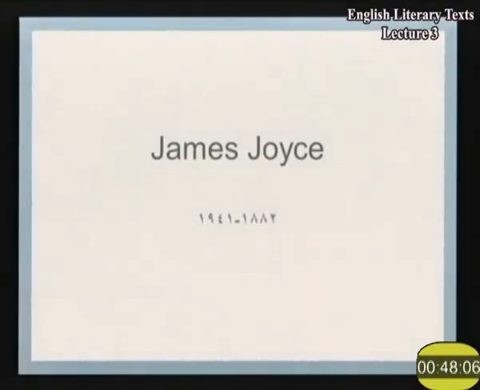So today we will do one of the genres of fiction, meaning imaginative narrative, قص خيالي, and our text today is a text by the Irish writer James Joyce, and it's a short story called Evelyn.